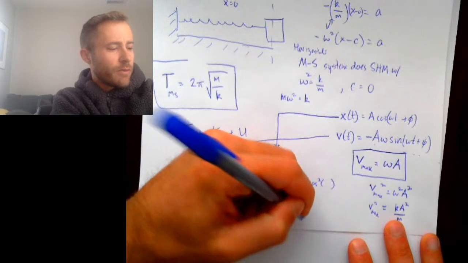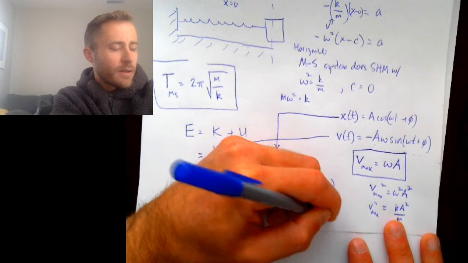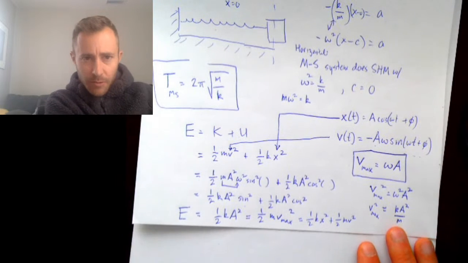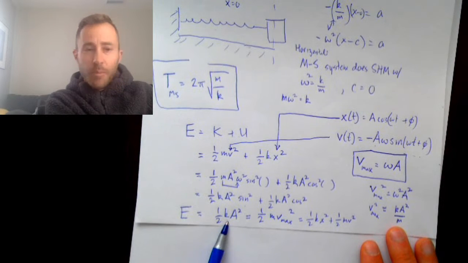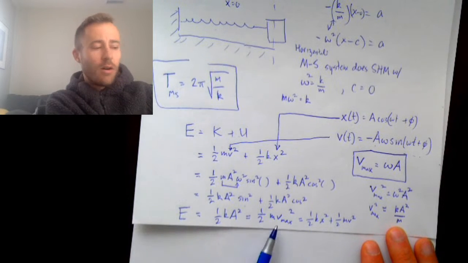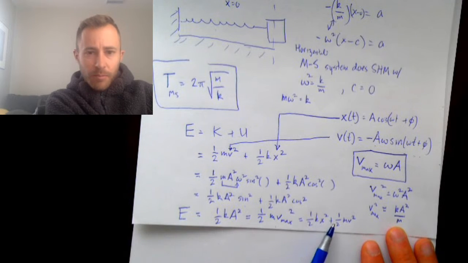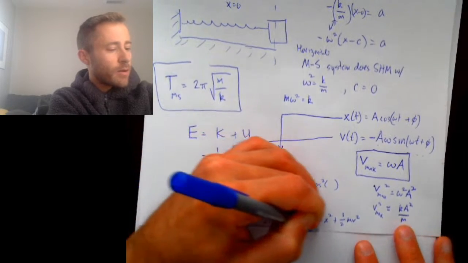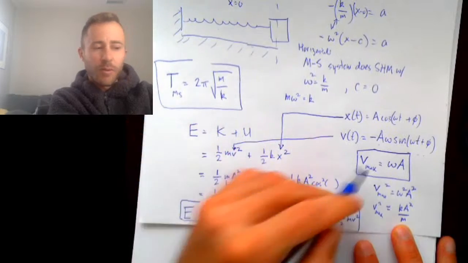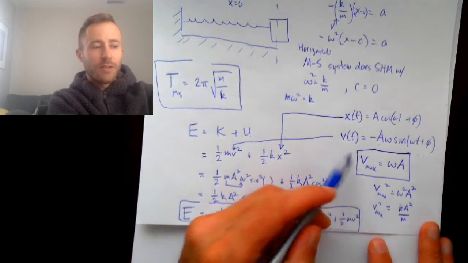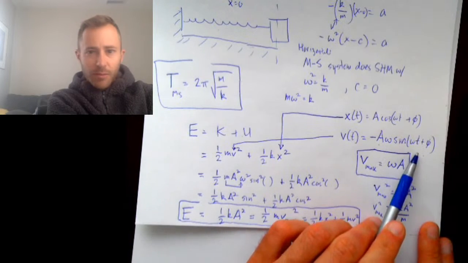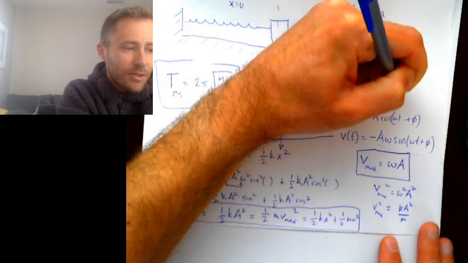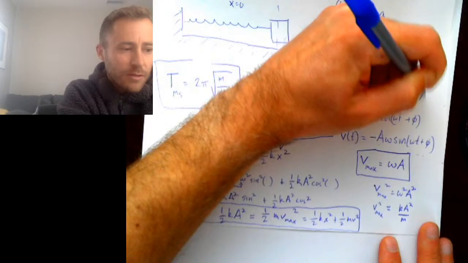So we have 3 different formulas for the energy in the mass spring system. We can think about it as all potential energy, all kinetic energy, or some combination of kinetic and potential energy. And then there's this formula for the maximum velocity. If we take the derivative again, it's going to bring out another factor of omega, and we'll see that the maximum acceleration is omega squared times a.